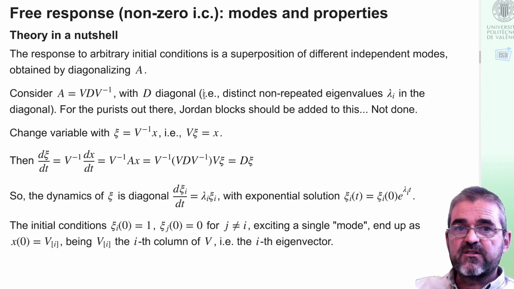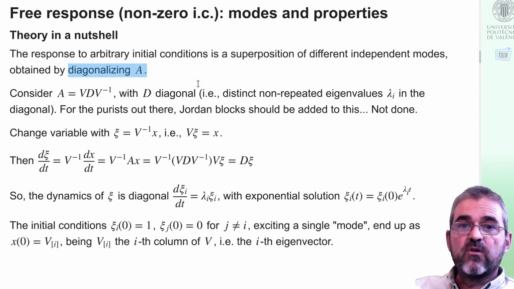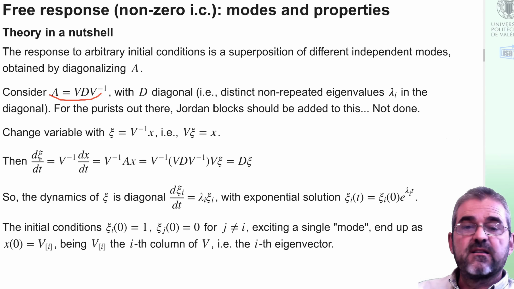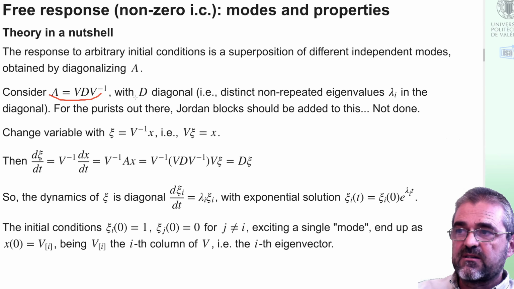What do we understand as modes? Modes will be associated to eigenvectors and eigenvalues of a matrix. We will quickly review the theory. It's not the goal of this video, the theory, but the MATLAB simulation and understanding of all this. You may pause and read this at your own pace, but if I can diagonalize a matrix like this, D must be diagonal, distinct eigenvalues.